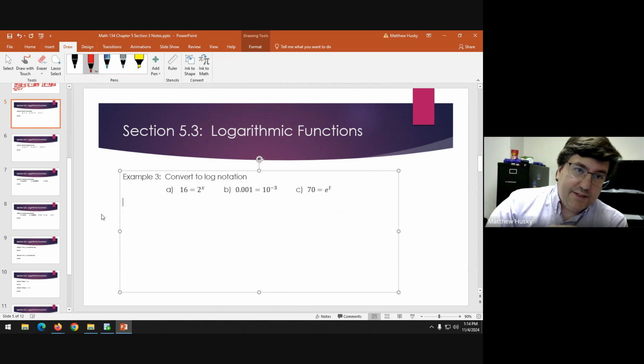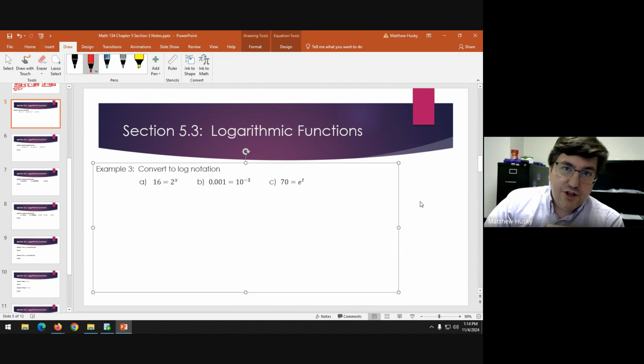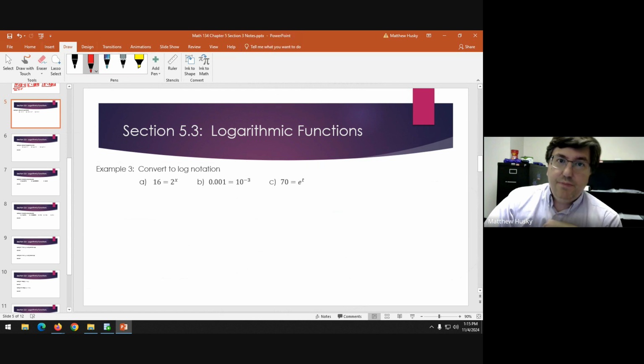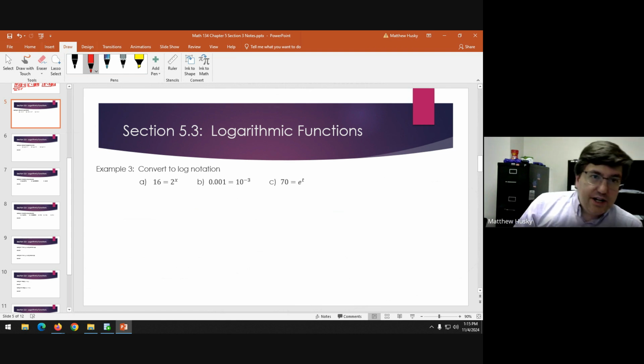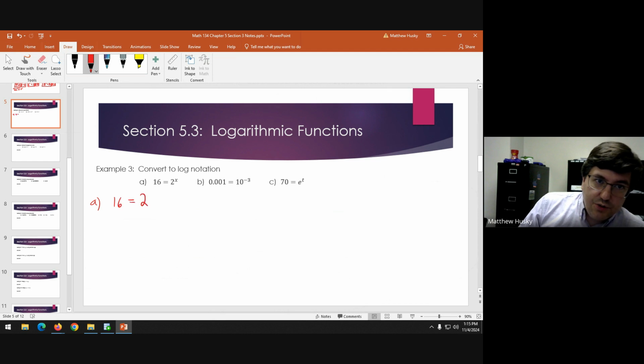Here we are given exponential equations, and then we are asked to change them into log notation. So if we look at this first one here, 16 is equal to 2 to the x power.